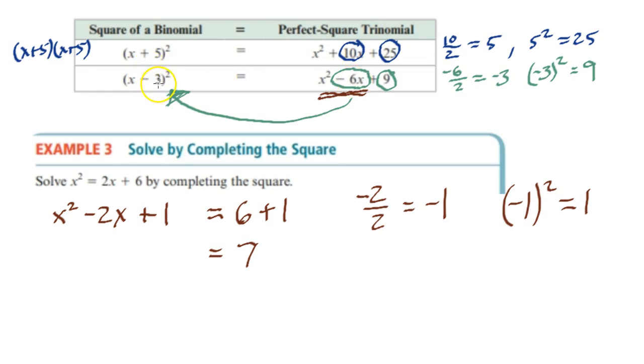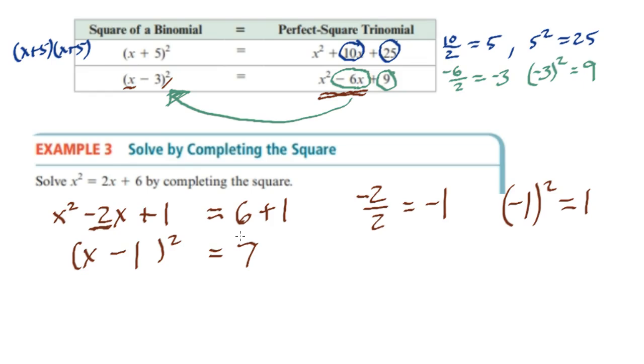You see negative 3 here. So you'll notice that this will always factor to parenthesis x, and then the n parenthesis squared. You just have to fill it in with half of your coefficient from up here. So that's just negative 1. So you have x minus 1 squared equals 7. There we go. We have completed the square.